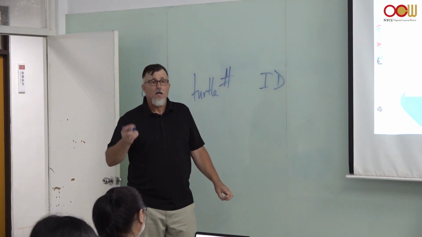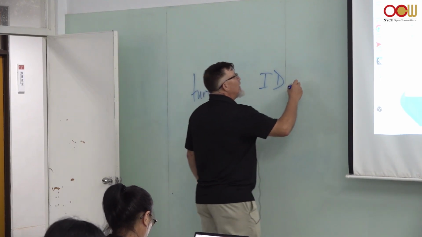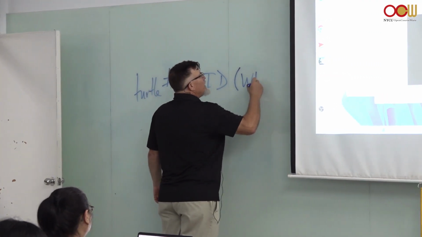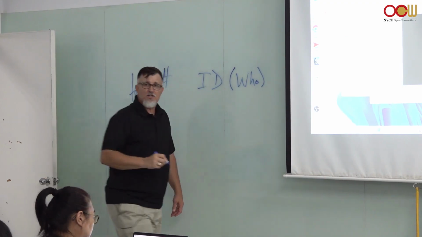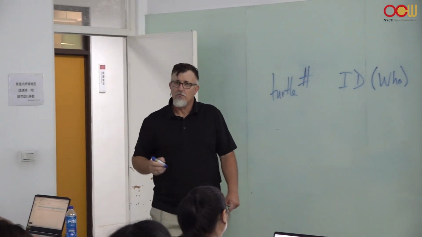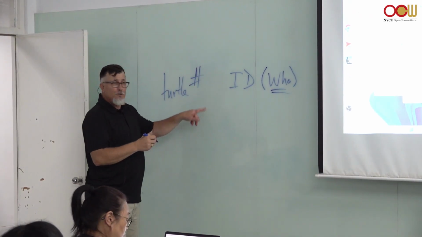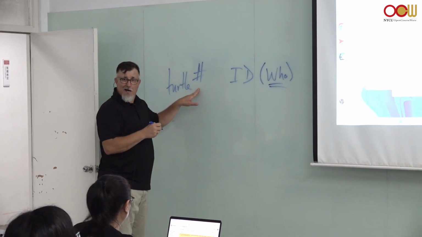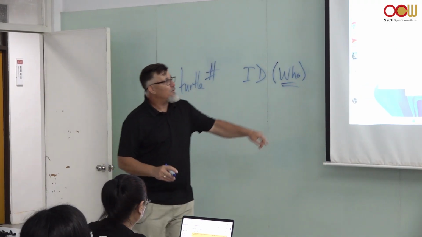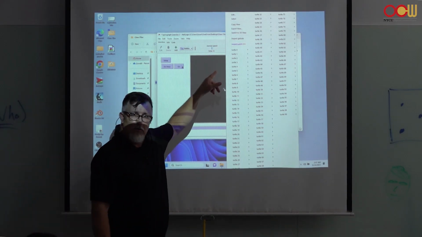When you're programming, that is called its who number. Who, turtle 0, turtle 12, turtle 99. So every one of them has a number.